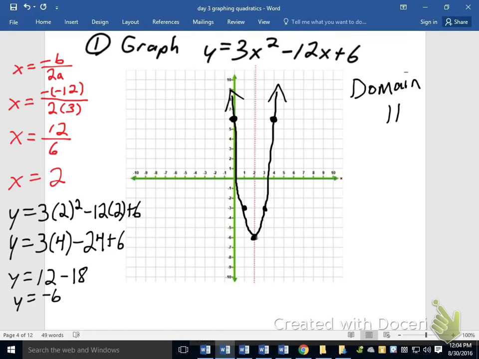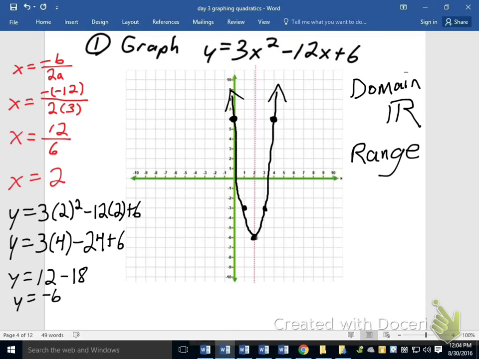So my domain is what we call all real numbers. That's a neat little symbol you can use to abbreviate that. For my range is actually going to be not all real numbers because, like for instance, it never gets down to -7. It only goes as far as -6, and then it exists above -6 or equal to it.